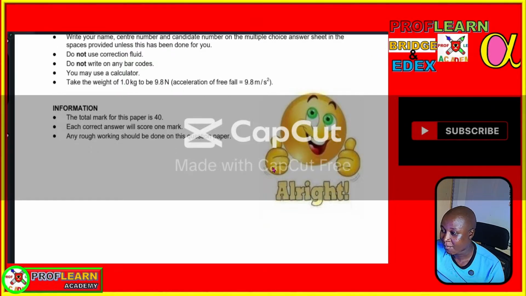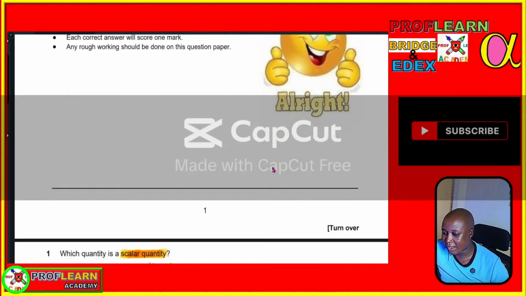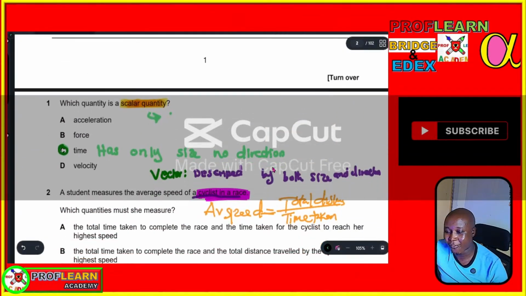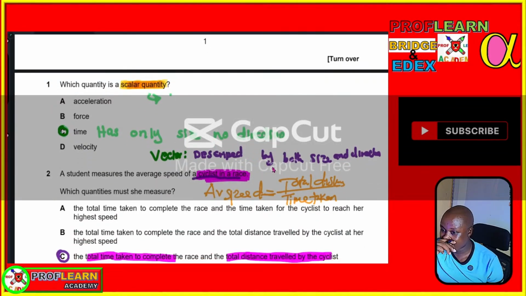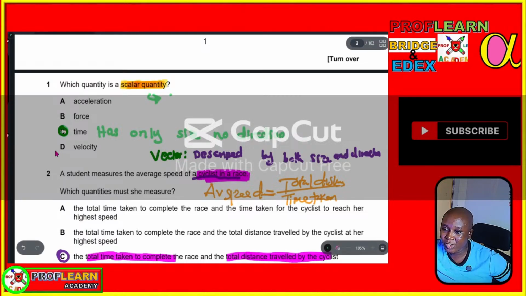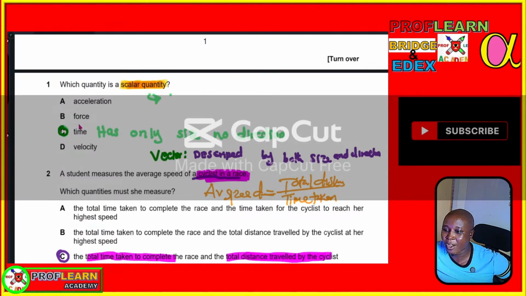All right, so we have said that the first concept you need to know is the difference between vector quantities and scalar quantities. Scalar quantities are those quantities which can only be described by size, but no direction.